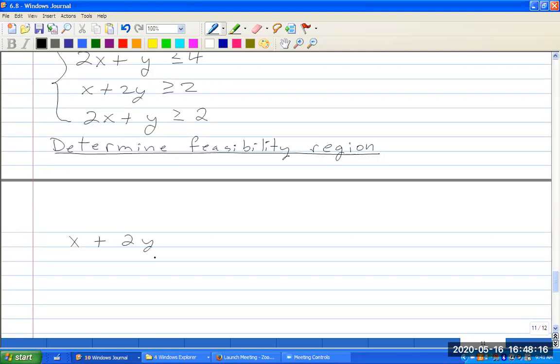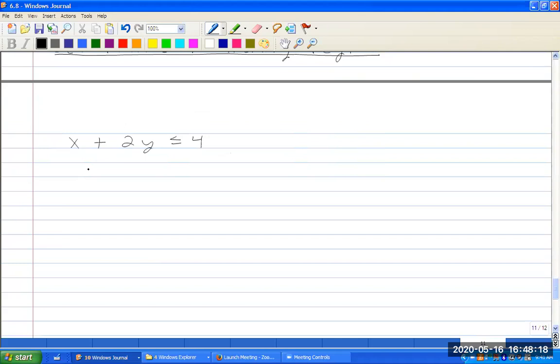So solve for y. So I have 2y less than or equal to negative x plus 4, divided by 2. So I have that y is less than or equal to... Okay. So again, as always, it'll be solid. And this will be true below.